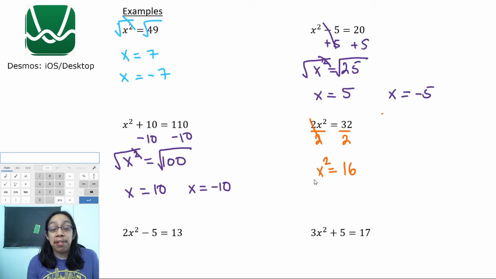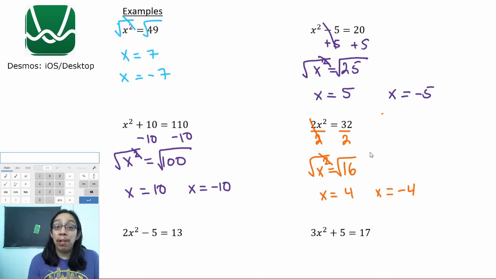Now that x squared is completely by itself, we can go ahead and take the square root of both sides. So square root and square root, this simplifies out. We have x equals, square root of 16 is going to be positive 4, and x is also going to be equal to negative 4. I hope you're seeing a pattern here. The whole idea, the whole strategy, the whole big plan is that we're trying to keep x squared by itself first before we perform any kind of square roots.